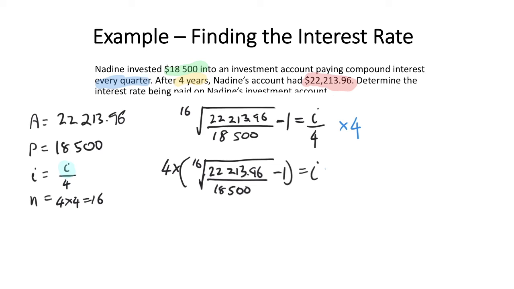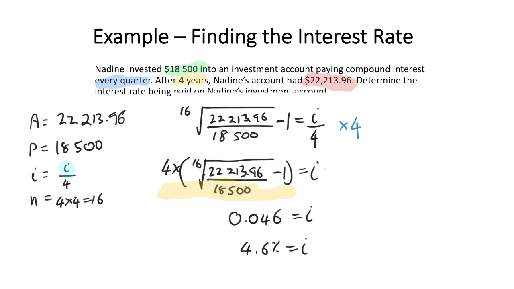So now I can put that into a calculator to be able to work out what my final answer is going to be. So my I value is going to equal 0.046. Because it's a percentage, I want to convert that to a percentage by multiplying by 100. So 4.6% is my interest rate.